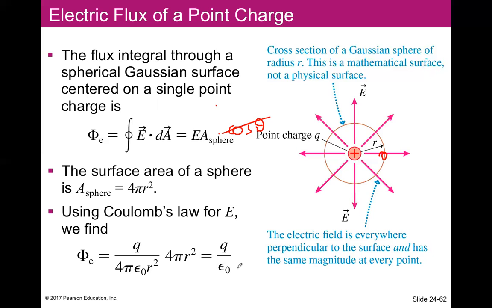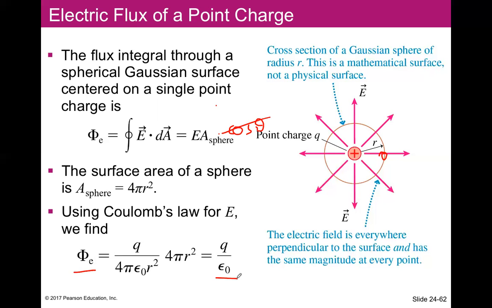So here we actually use the Coulomb's law or Coulomb's equation to set up this equation, phi E, or flux, equals Q over epsilon 0. But actually this equation could be extended to any cases, not only for a point charge. If you have multiple point charges, then in a sphere, this equation is still true.